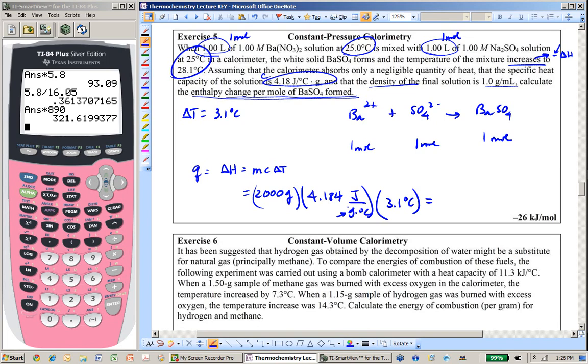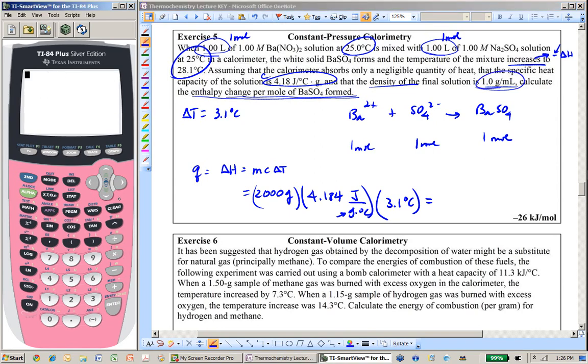work out that way. So, good Lord, how many sig figs do I need on this? 2 because of this density. Again. So, I'm going to clear off that last mess. 2,000 times 4.184 times 3.1. What do you get? A big old number. How much of it do I need? I need 2.